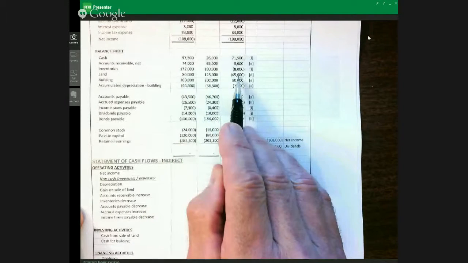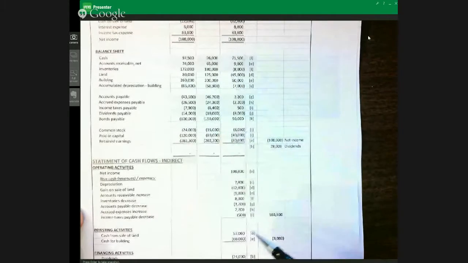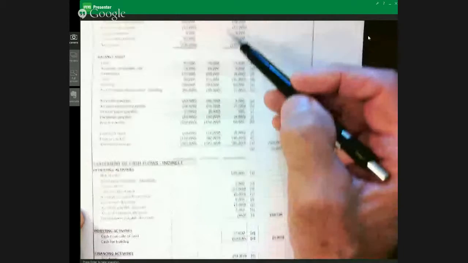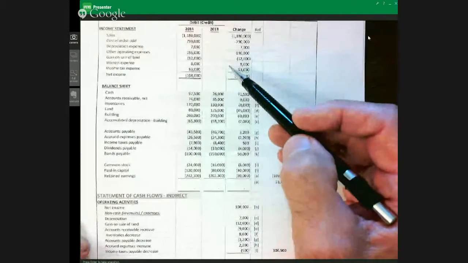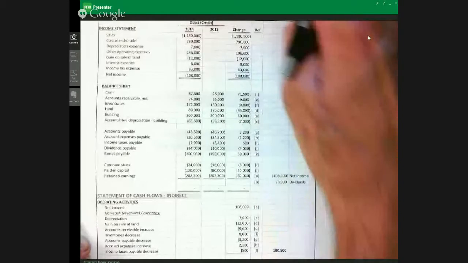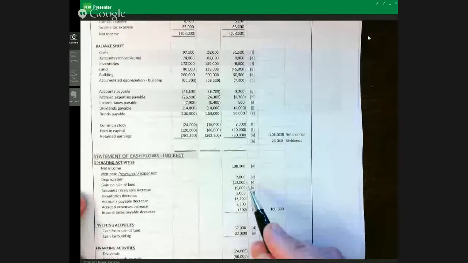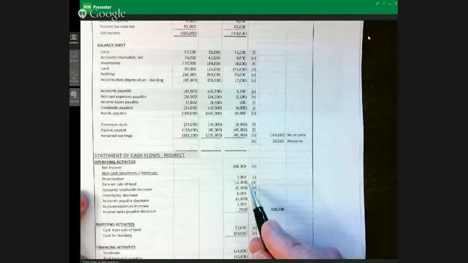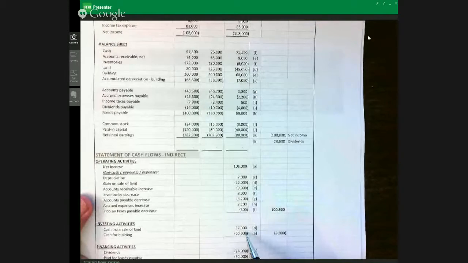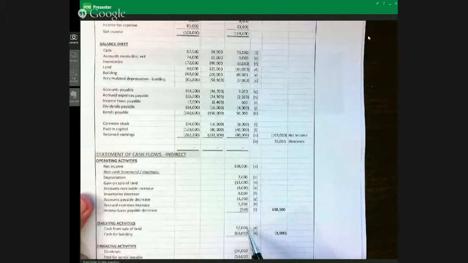So there's a decrease in land, $45,000, that we would credit this account. We also know from the income statement that there was a gain of $12,000. And so that gain represents a non-cash revenue that we should reduce net income by. The balancing entry would be an increase in cash from investing activities, $45,000.